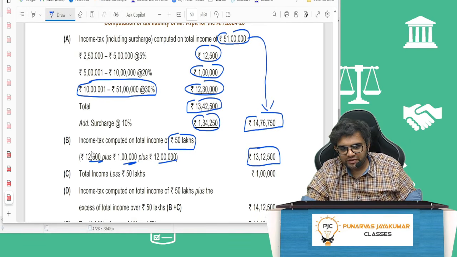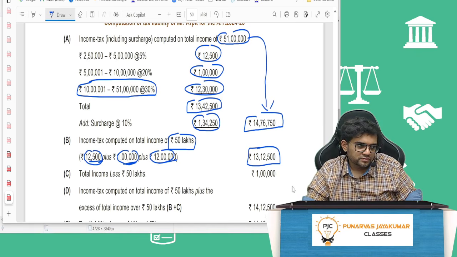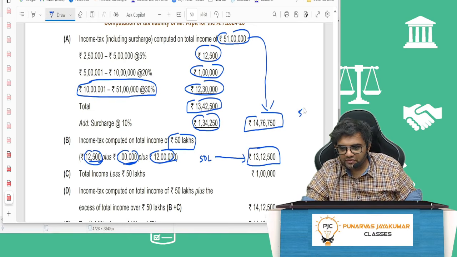This is 2 lakh 50,000 to 5 lakh tax, 5 lakh to 10 lakh tax, 10 lakh to 50 lakh tax. So if I was just at 50 lakh earning, I would have paid tax of 13 lakh 12,500. But just because I got 51 lakh earning, tax has become 14 lakh 76,750.